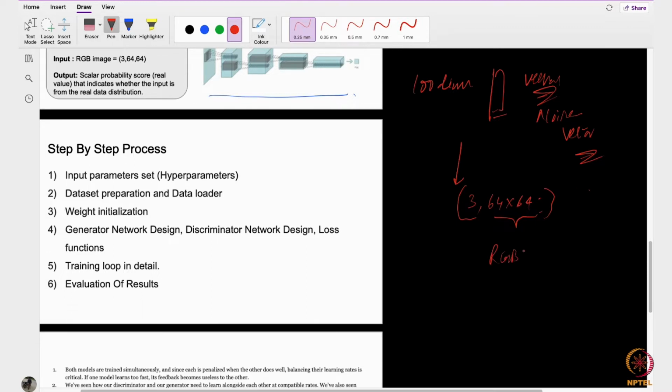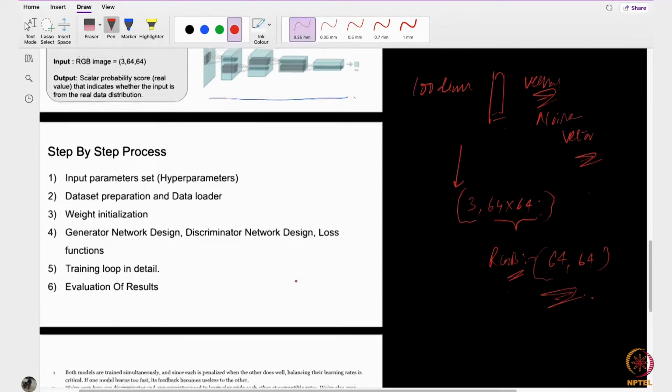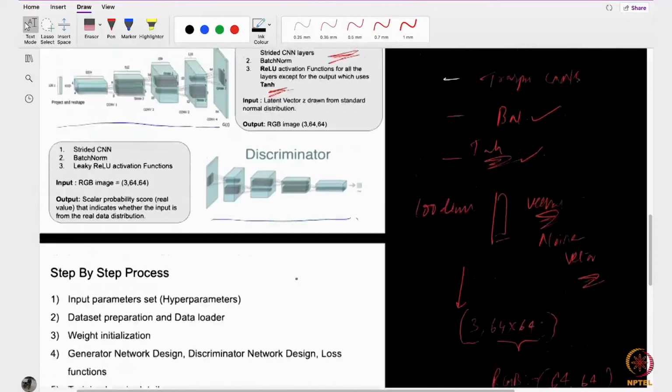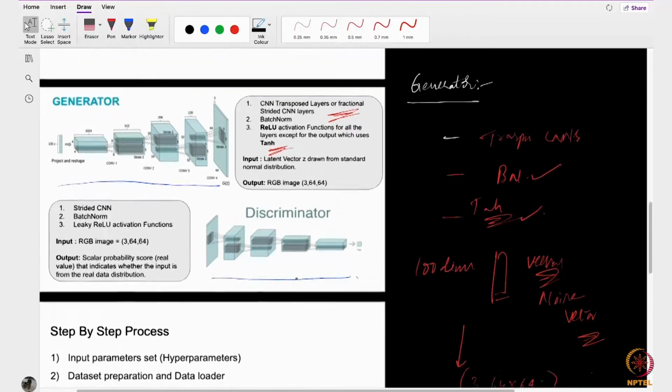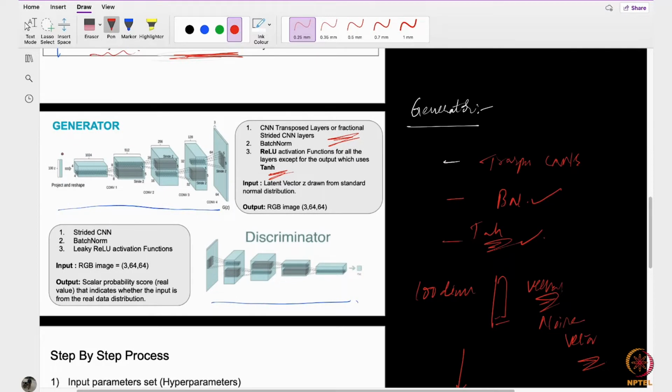That is, we can say an RGB image with 64 height and 64 width. Observe here, we have fed a 100-dimensional noise vector and all the convolutional transpose layers are used. At the end we get a 3-channel image with height 64 and width 64.